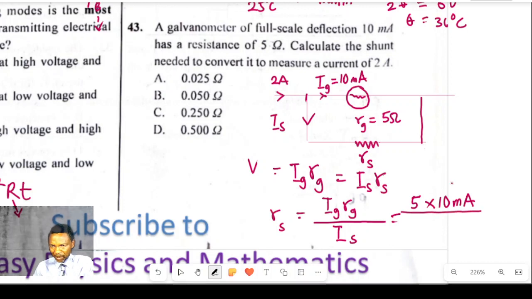Okay, convert this to ampere. That is 10 divided by 1000. Then divided by, so this one will now be what? 2 take away, which is 0.01 ampere.